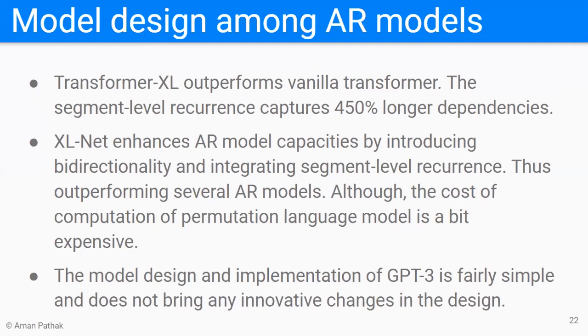XLNet enhances the AR model capacity by introducing bidirectionality, although the method by which the bidirectionality has been introduced is permutation language modeling. So the cost of computation is a bit more.